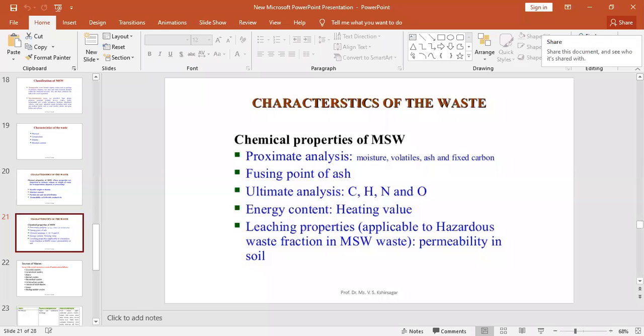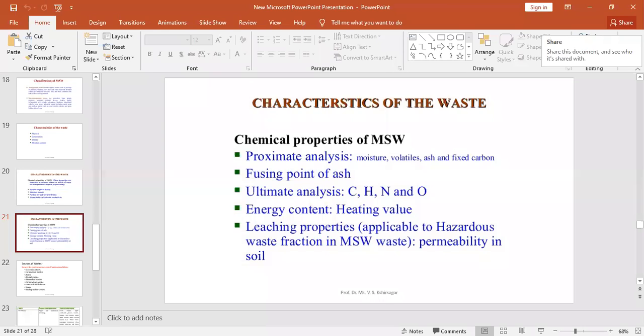Whenever moisture or water is applied to degradable solid waste, during the decomposition of that waste a dark brown colored liquid is produced, and that liquid is nothing but the leachate. So that is the leaching property applicable to the hazardous waste fraction in municipal solid waste.